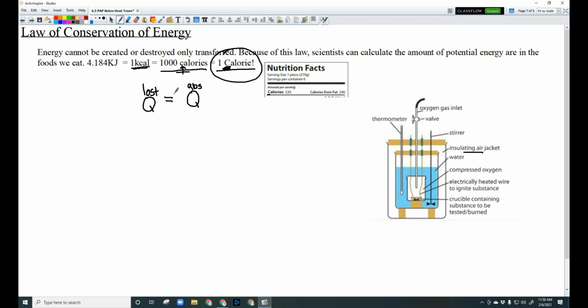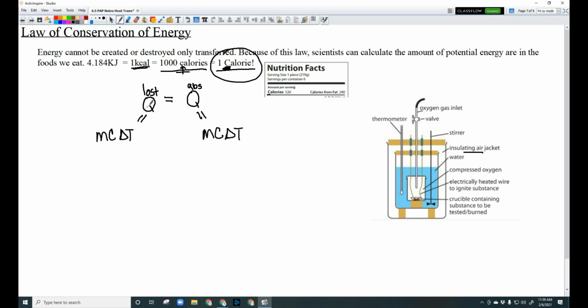So we have Q equal to Q, because Q is heat. What do we know is equal to Q? Well, we know that mcΔT is equal to Q. So here we have mcΔT is equal to Q as well.